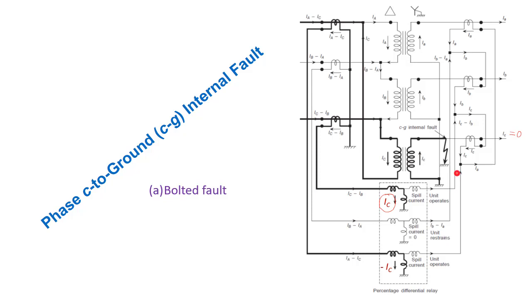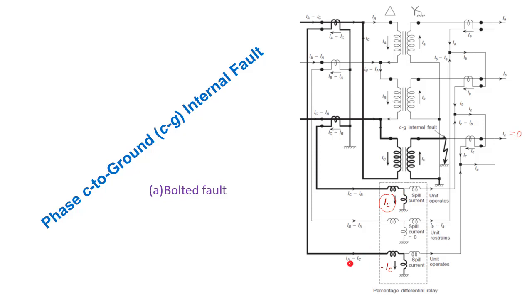Already we have seen that here IC minus IB is flowing, and in this line IC minus IB will flow, but small IC will become 0. Therefore capital IC will flow in the spill path.